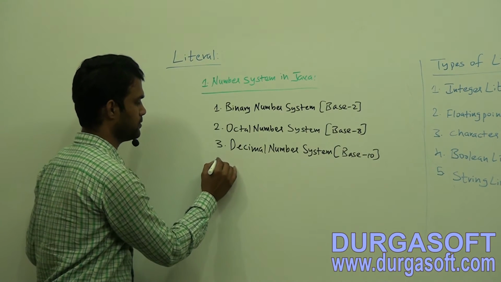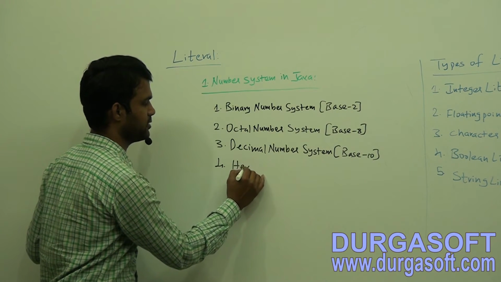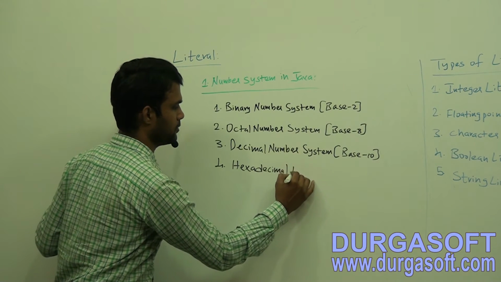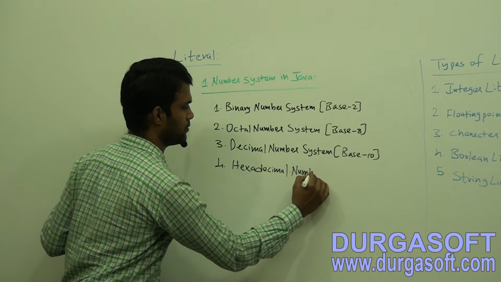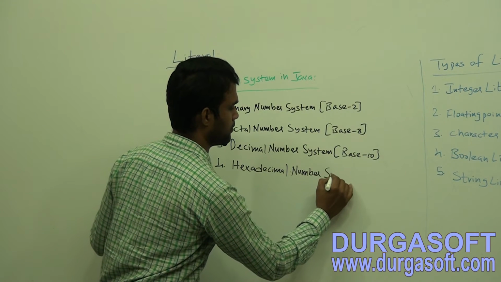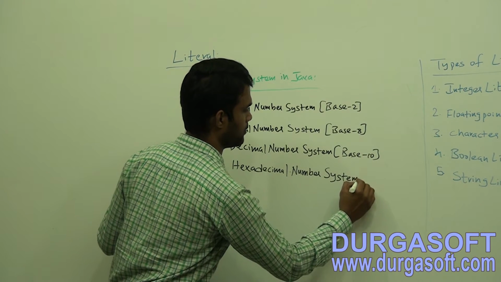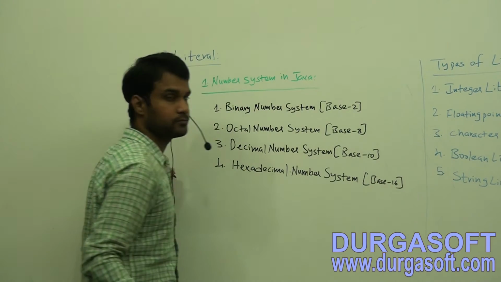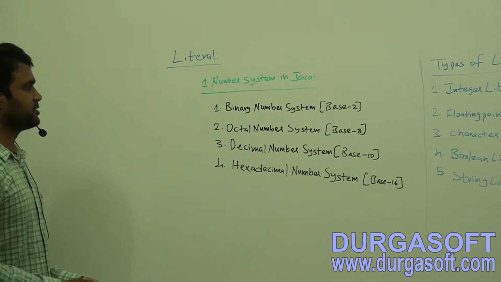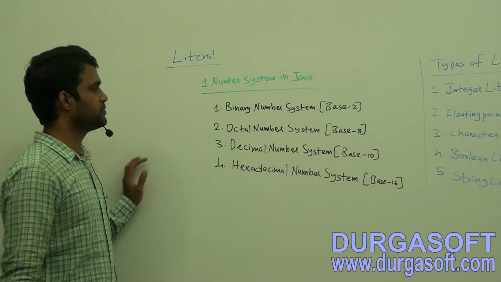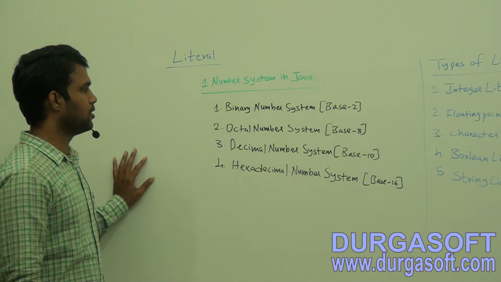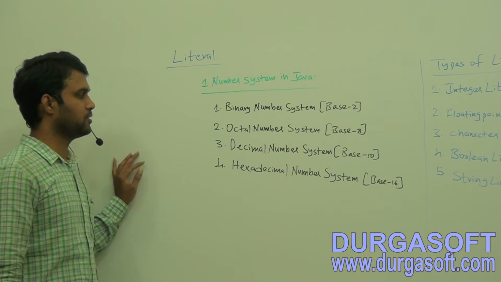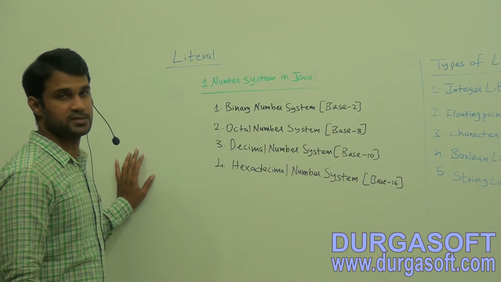And the last one is the hexadecimal number system, base 16. So these are the number systems we have: binary base 2, octal base 8, decimal base 10, and hexadecimal base 16.